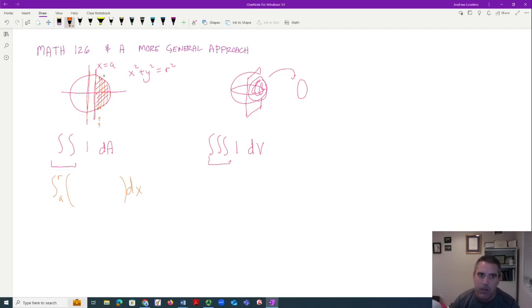Well, I turn it on and turn it off when I get to the top and bottom of this. Basically, when y equals plus or minus the square root of r squared minus x squared. And this should sound familiar to what we actually did, but those become the bounds in a double integral. Instead of it being top minus bottom, they become these bounds. So this is a little preview of Math 126 and double integrals. Double integrals in our Math 126 course happen in chapter 15.